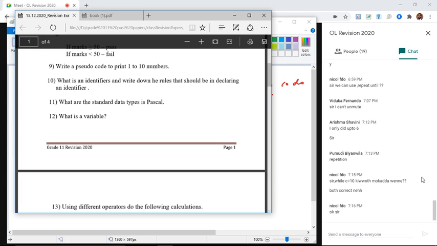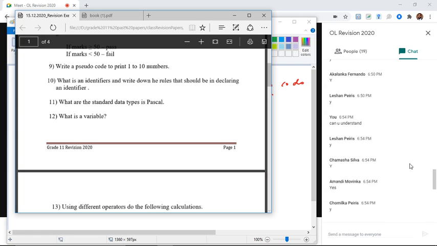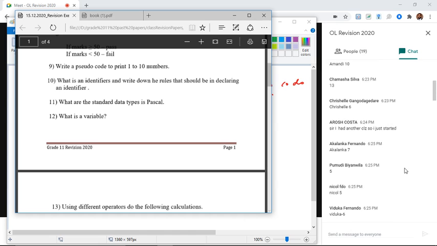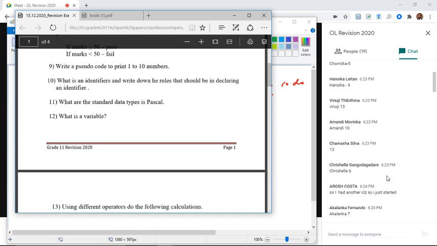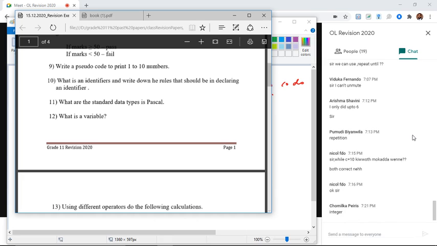Right, good. Shomelka, just tell me what are the data types we are using in Pascal? Integer, yes. What else?